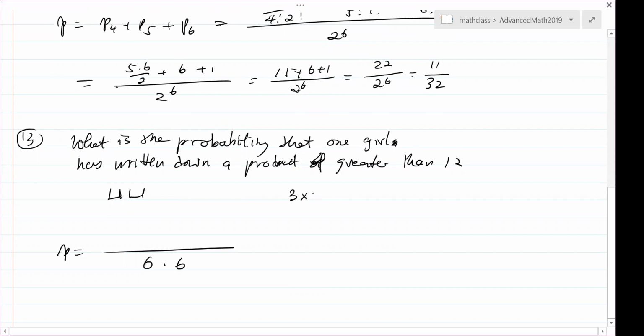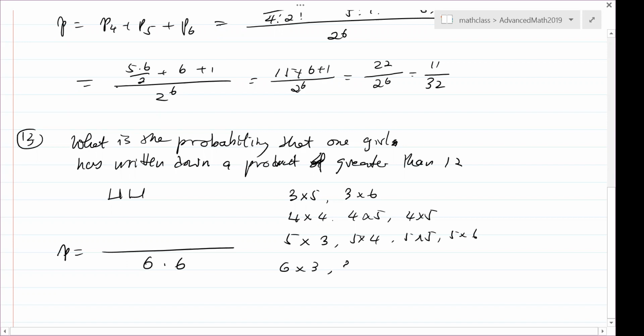So 3 times 5, 3 times 6. 3 times 4 equals 12, not greater than 12. Then look at 4: 4 times 4, 4 times 5, and 4 times 6. Then 5, which starts from 3: 5 times 4, 5 times 5, 5 times 6. Then 6: 6 times 3, 6 times 4, 6 times 5, 6 times 6.